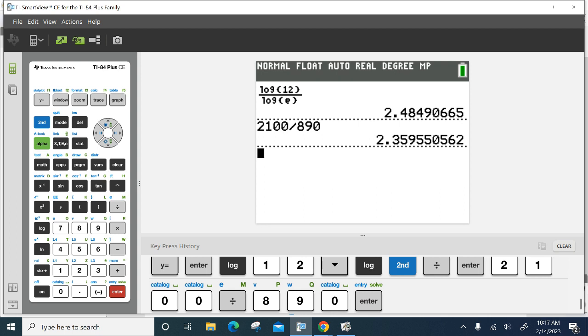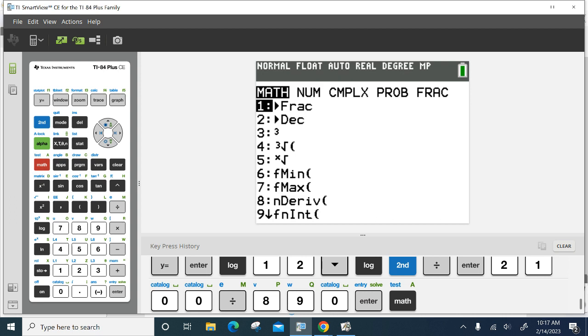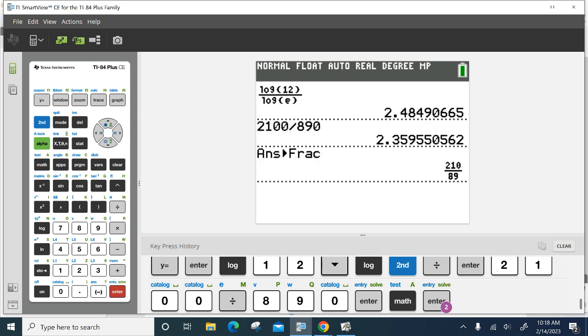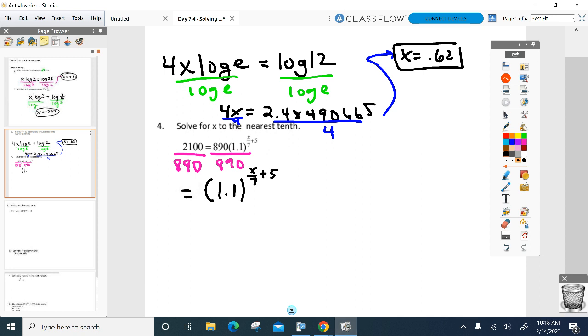If you don't want to write the full decimal out, your calculator can change it back into a fraction. Hit that math button on the left-hand side, change it to a fraction, and maybe that's a little bit cleaner for you to write than that whole decimal, right? So I'm going to leave mine 210 over 89, equals 210 over 89, or the decimal. Those are your two options.